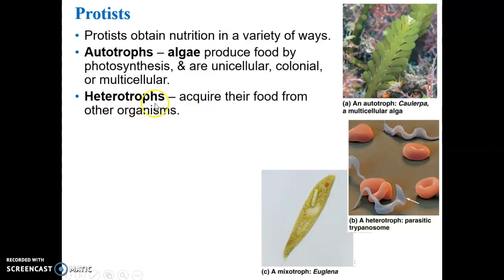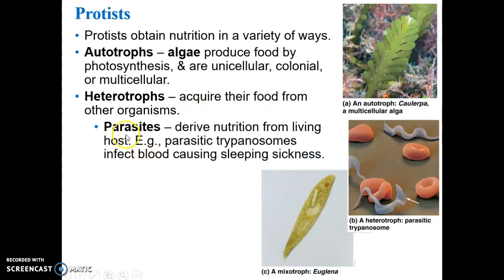Heterotrophs or heterotrophic protists are like you and I. They acquire food from other organisms. They're consumers. So parasitic heterotrophs, that's a subgroup. They derive their nutrition from a living host. So for example, there's a parasitic protist called trypanosome.